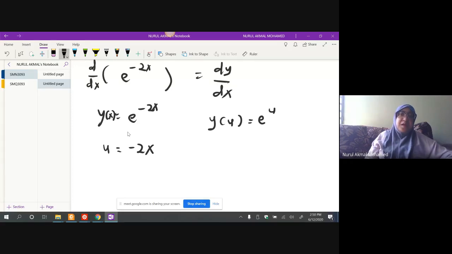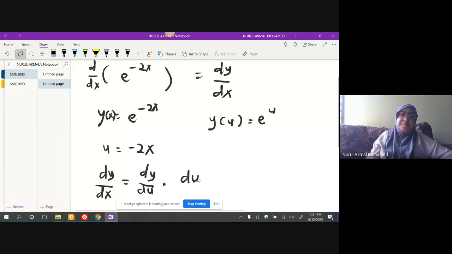We are asked to find dy/dx, but our y is now in terms of u. So it is dy/du multiplied with du/dx.